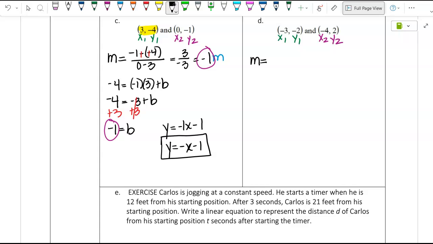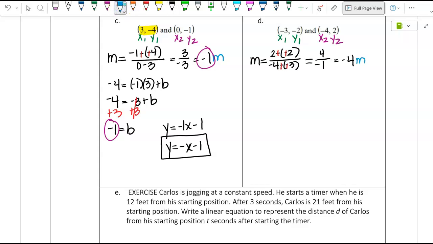We have 2 minus a -2 divided by -4 minus a -3. So we have double negatives in both the numerator and denominator. So in the numerator, we end up with 2 plus 2, which is 4. The denominator, -4 plus 3 is -1, giving us a slope of -4.